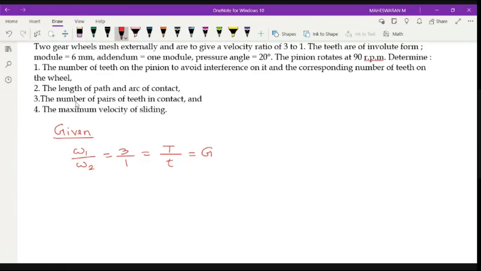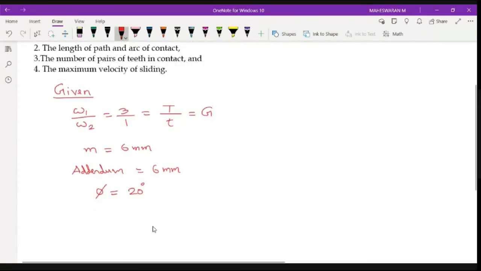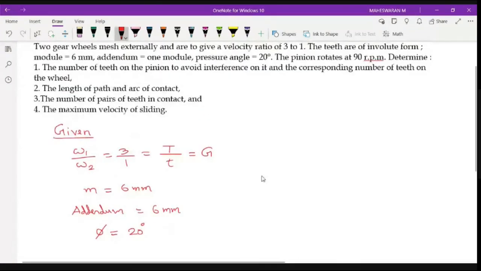Next, module is given, M equal to 6 mm. Addendum is given, which means this is the addendum for both the wheels, equal to 6 mm. Pressure angle phi is given, equal to 20 degrees, and the pinion rotates at 90 RPM.